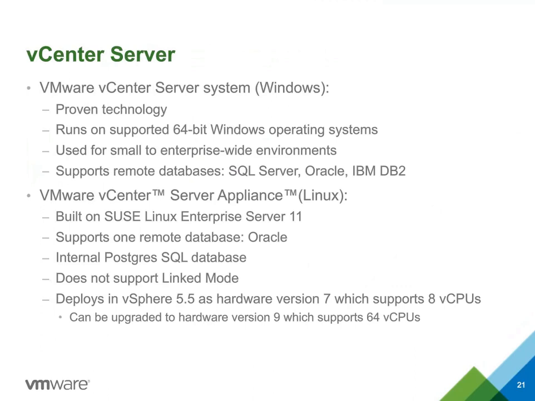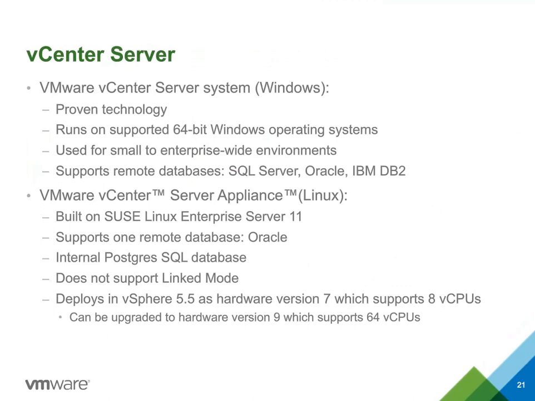So one of the design considerations behind choosing vCenter Server on top of Windows versus the virtual appliance is the choice of database. If the customer already has made that choice in their own environment, the architect will oftentimes just go with the existing database that the customer already has and is already comfortable with.